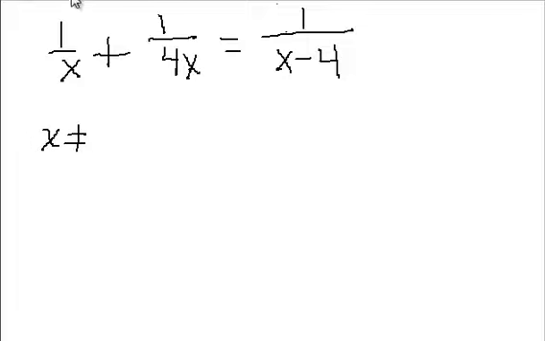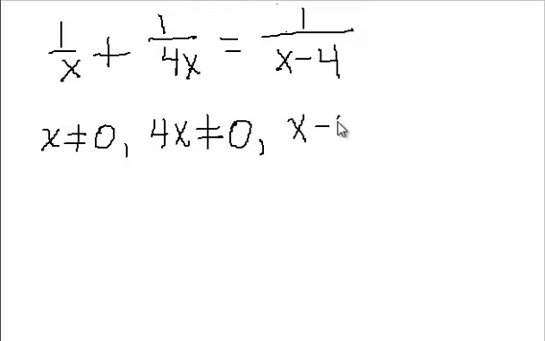So I'm going to take each of these denominators and state that they can't be 0. So x can't be 0, 4x may not be 0, and x minus 4 can't be 0. So this inequality is already simplified. These other two, we're going to have to isolate x.